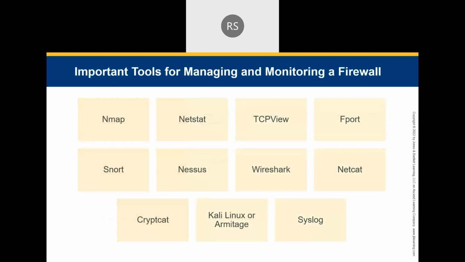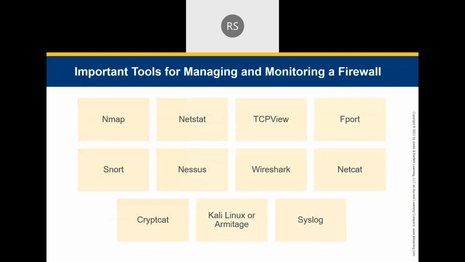Now, there are some important tools for managing and monitoring a firewall. We'll talk about a few of these. Nmap is a network scanner tool that's used for discovering hosts and services on a computer network. Netstat is a command line tool for displaying network connections, routing tables, and network interface statistics. Snort is an open source intrusion detection and prevention system that's used for monitoring network traffic.